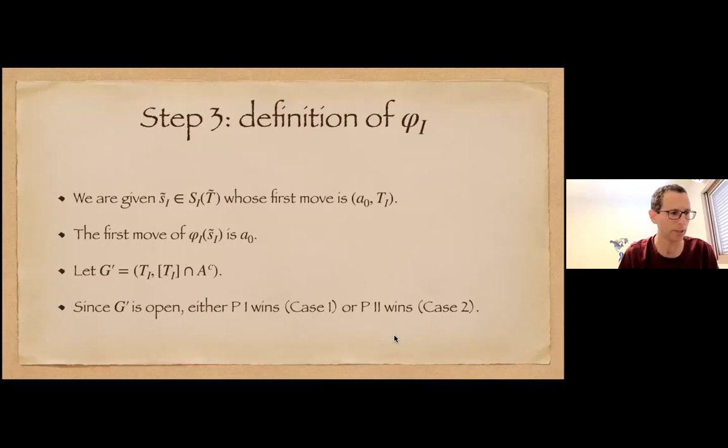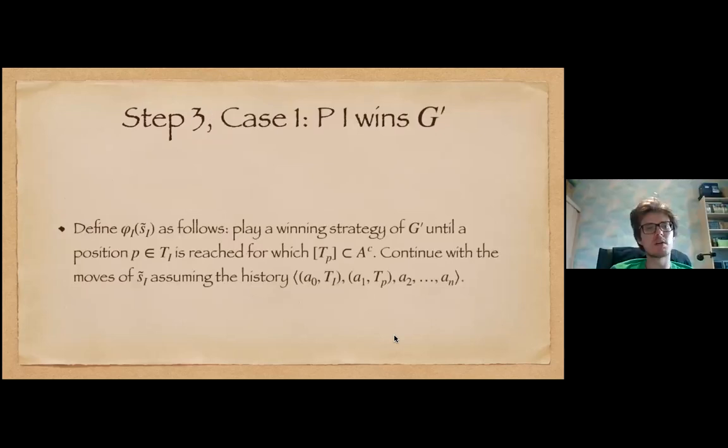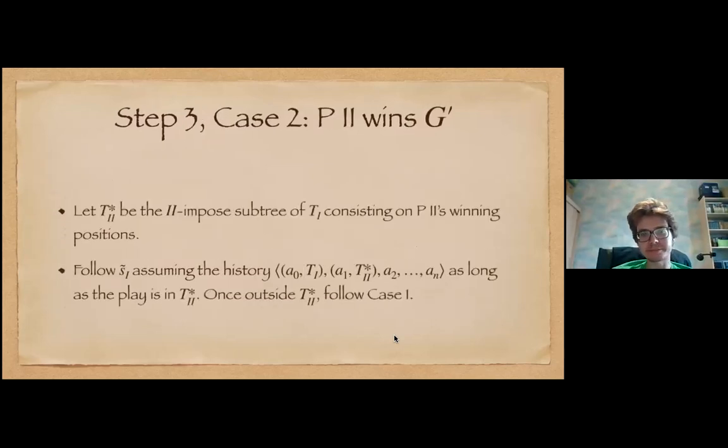So after player one chose T1, they focus on the tree T1. But now I switch the roles of the players. Player one wants to be in the complement of A instead of A. This is G prime. Yeah, thank you. Okay.